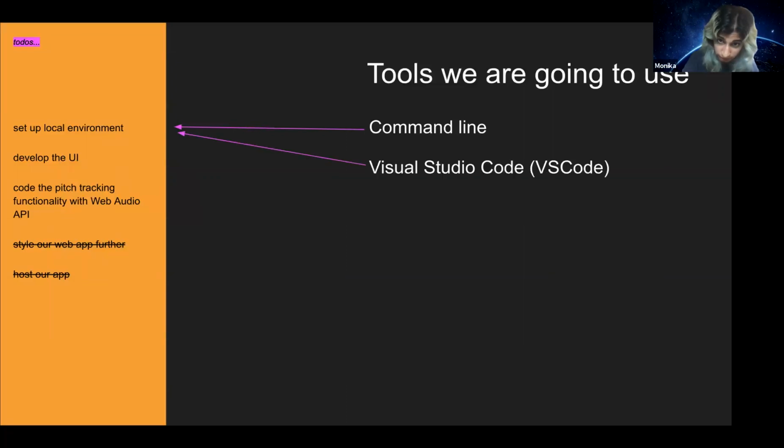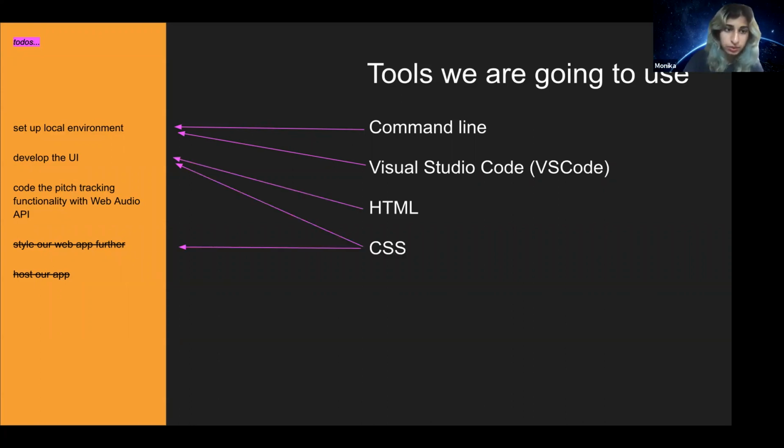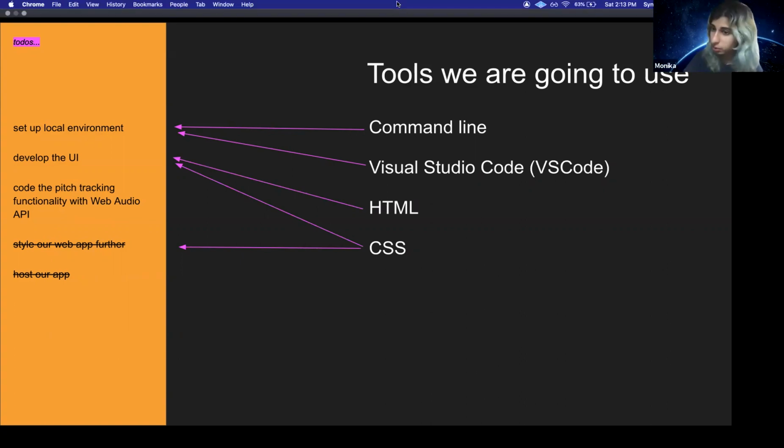And the tools we're going to use today are the command line, Visual Studio Code for the actual coding of this, HTML to develop the UI, CSS also to develop the UI, and of course you'll use it to style the web app further.